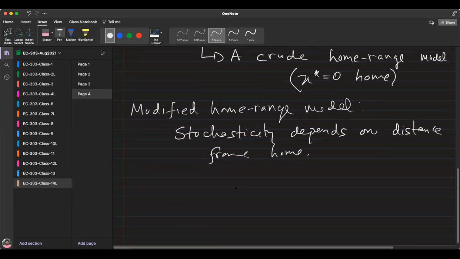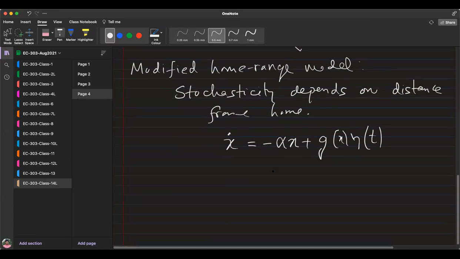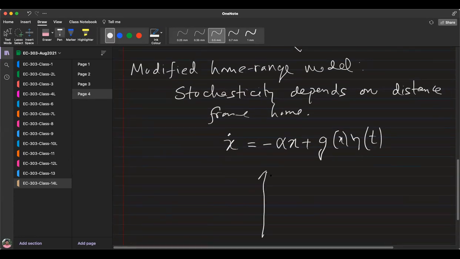Let's modify this, so that is the same as writing a model like this. The strength of stochasticity depends on the value of x. Can you now tell me qualitatively how G could depend on x, whilst keeping the spirit of home range?